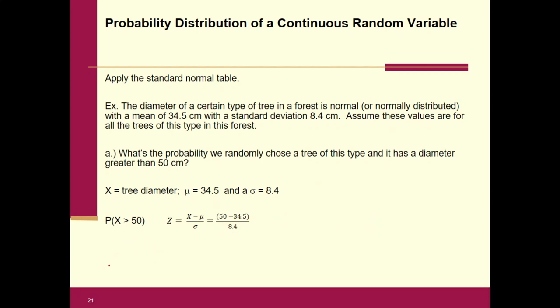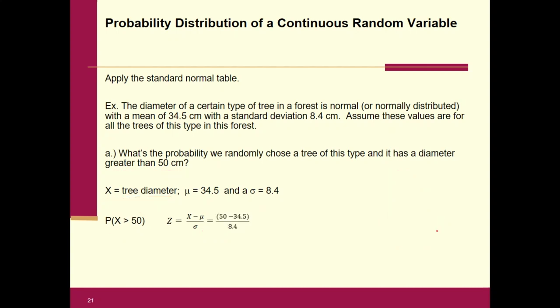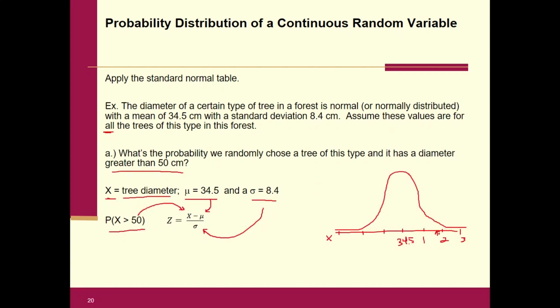Let's go back just for a second to here. So that meant that our value of 50 was located about right here on the table. Why? Because this is 1, this is 2, this is 3. And it looks like, because we were at 1.85 standard deviations away.